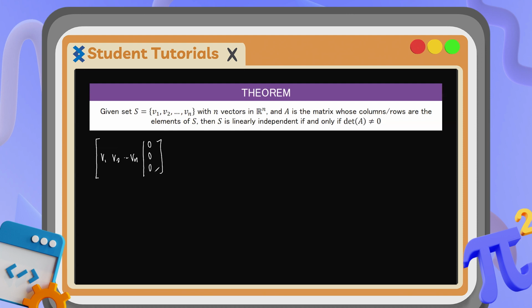But if not, then at least one would be non-zero, or there is no solution. So when we're trying to get the value of this, eventually you should get to the identity matrix.